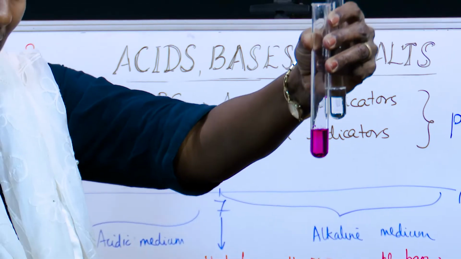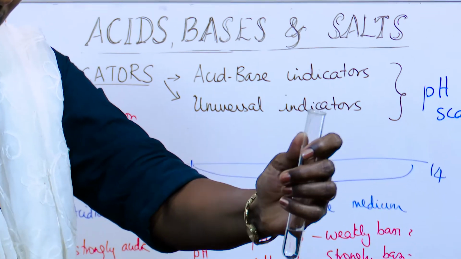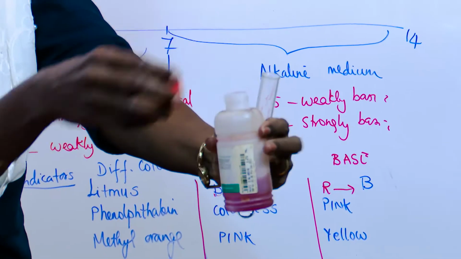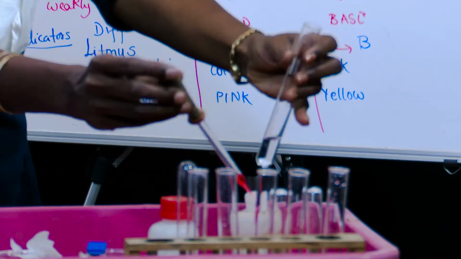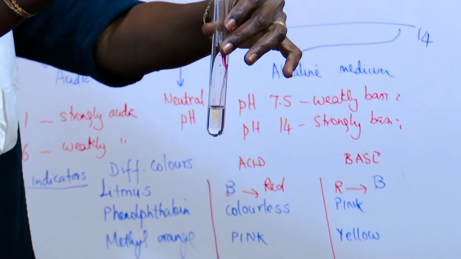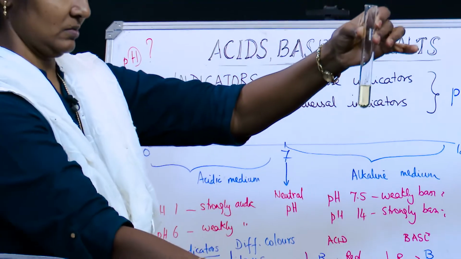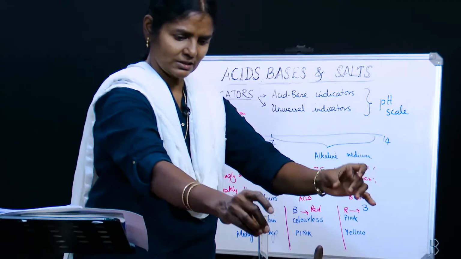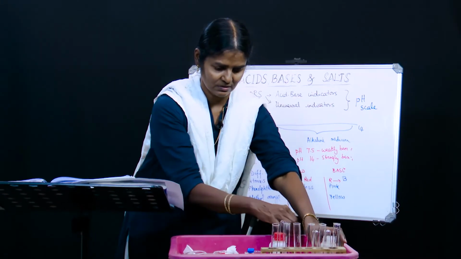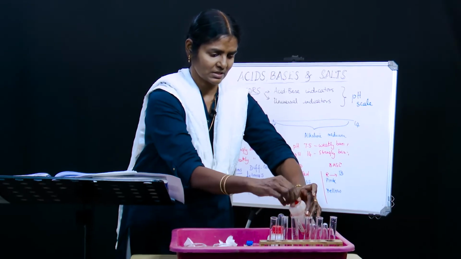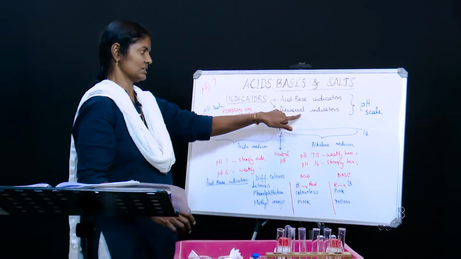It turns pink, which shows that it's a base. We take methyl orange. It becomes yellow in color. So these are the different colors that we get with different indicators that show whether it's an acid or a base. Now we move on to the universal indicator.